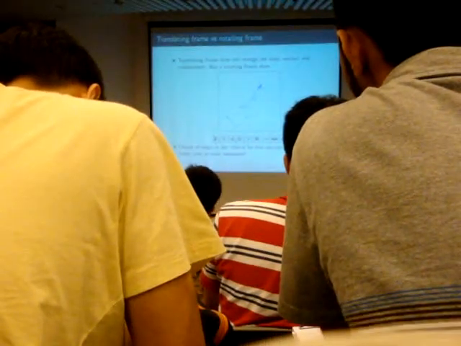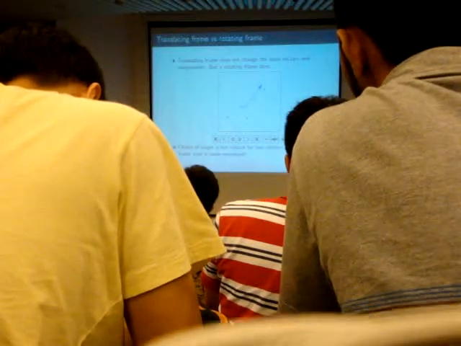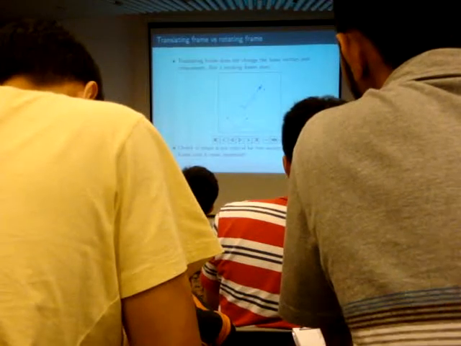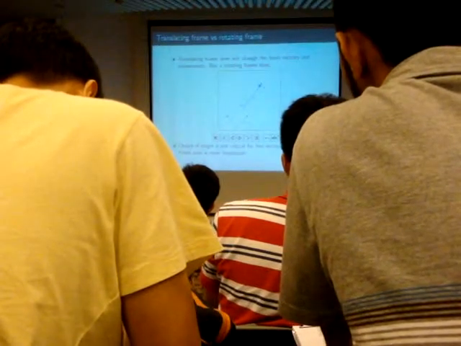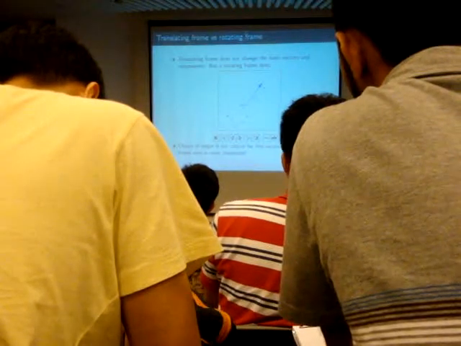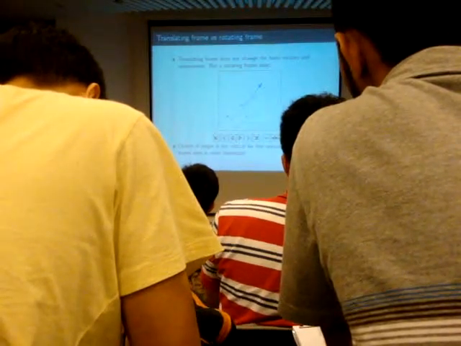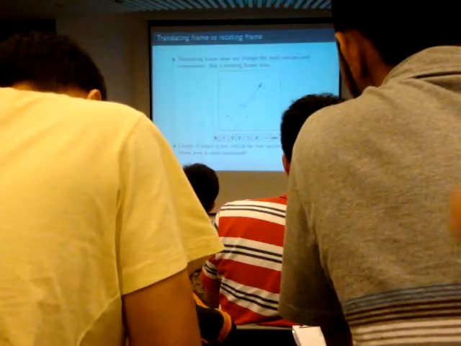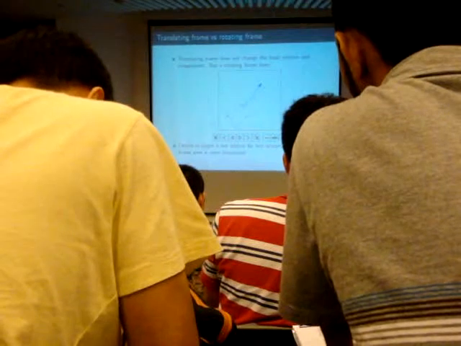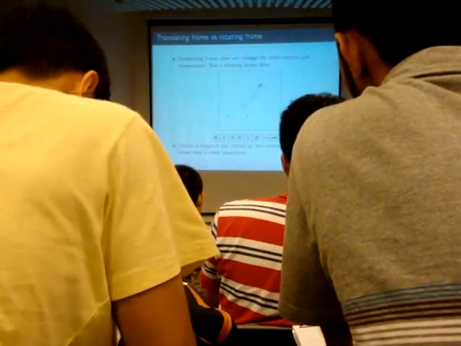However, when you have a frame that starts rotating, then whatever you write down at this moment may not be valid at the next moment. So that is why we spend so much time talking about the rotating frame, because the rotating frame makes a big difference to the way that you can write down the equation, or to the way that you can analyze the problem using some formulas.